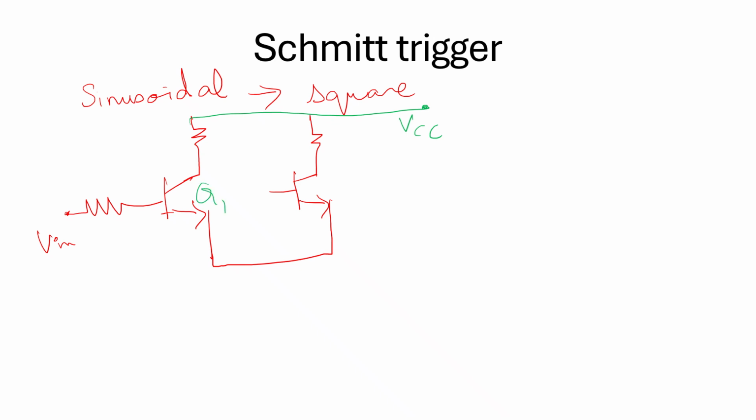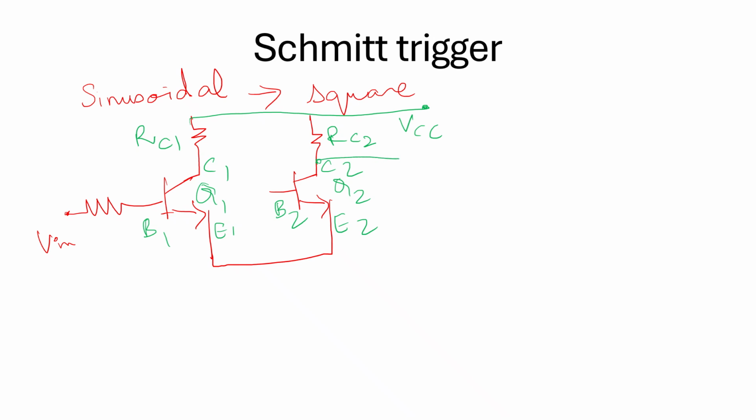Let me name these as Q1 and Q2 transistors, B1, E1, C1. RC1 be the resistor connected to the collector of Q1 transistor, B2, C2, E2, and let RC2 be the resistor connected to the collector of the second transistor.